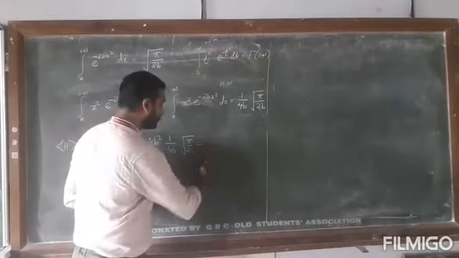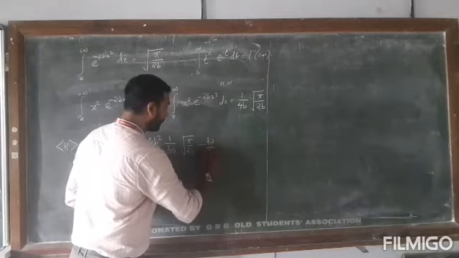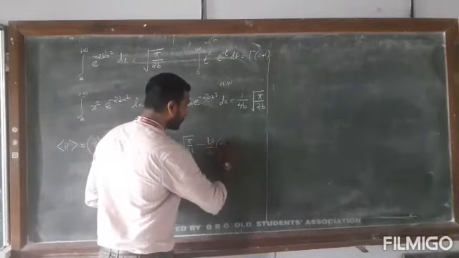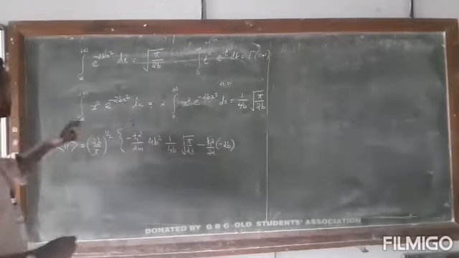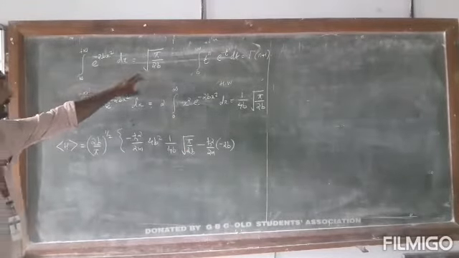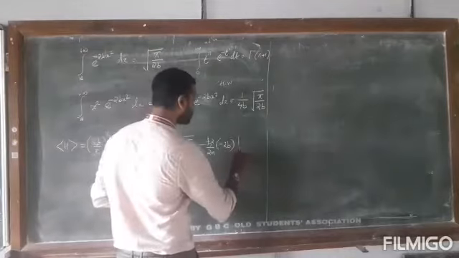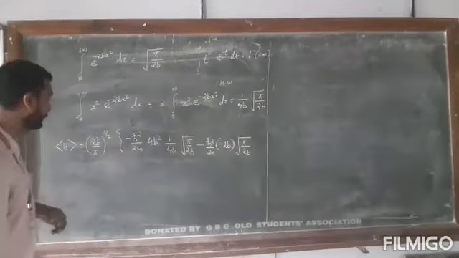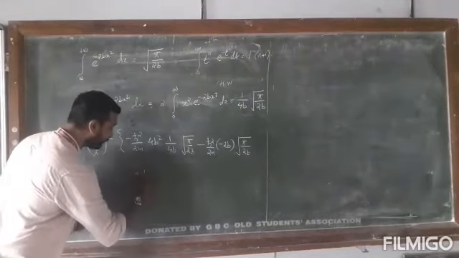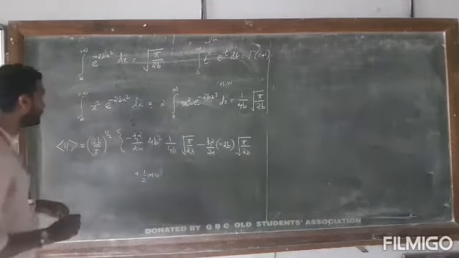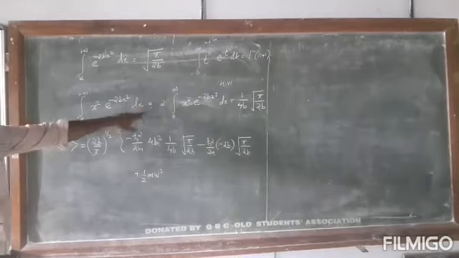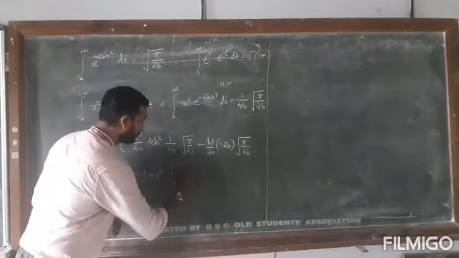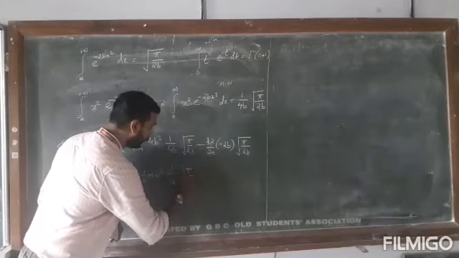Then plus or minus ħ²/2m, there will be a minus 2b outside of the integration, and the next integration will give root(π/2b). Then plus half mω². The next integration is this one, and that would give 1/4b root(π/2b).